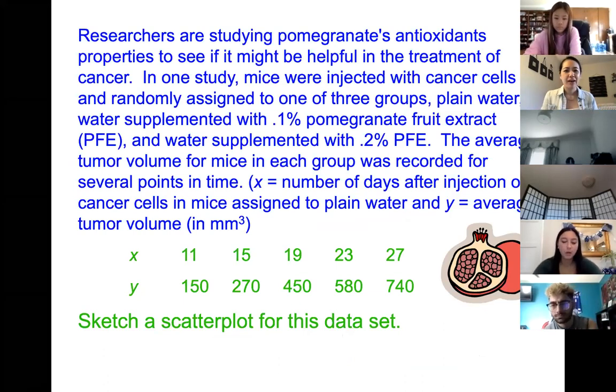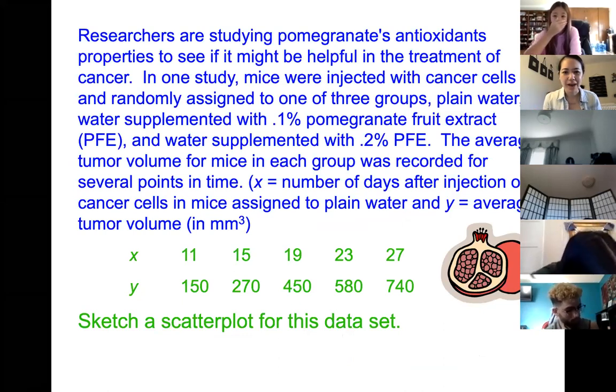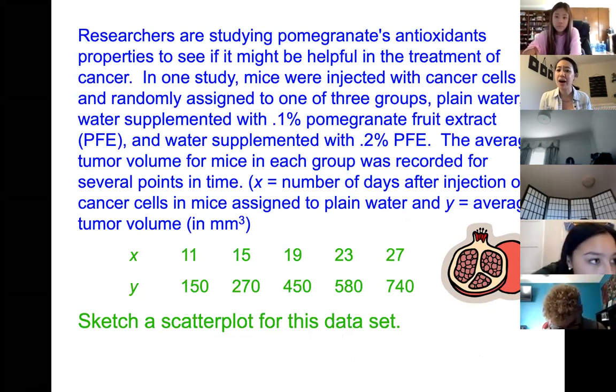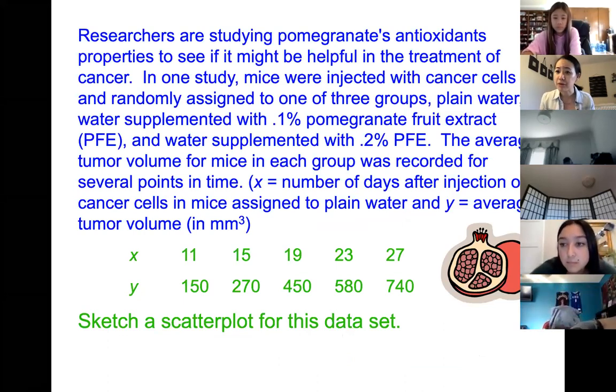Okay. This is a lot to read, so we're not going to read through all of it. Basically, there was a study about cancer, and they used mice to test if pomegranate juice decreases tumor growth.